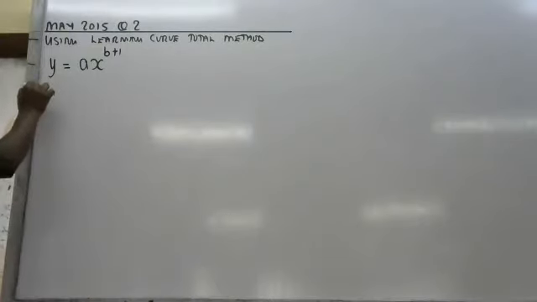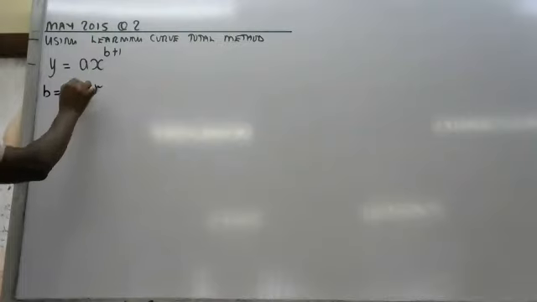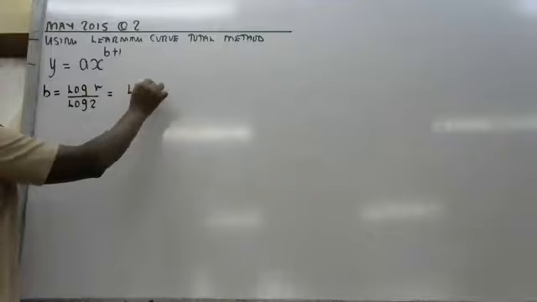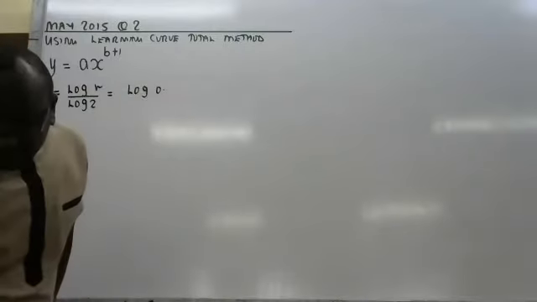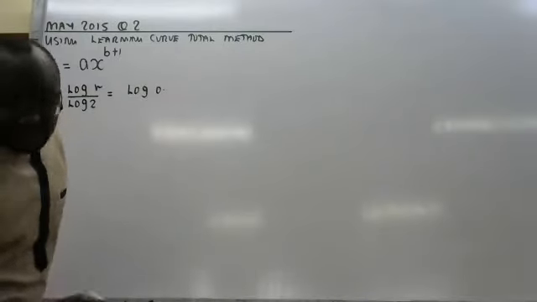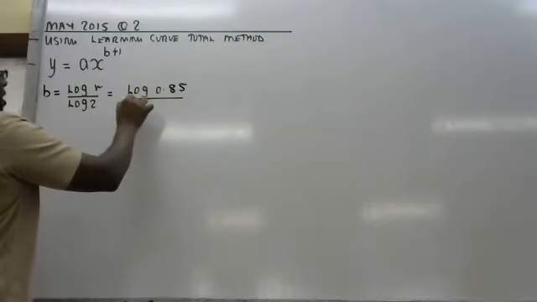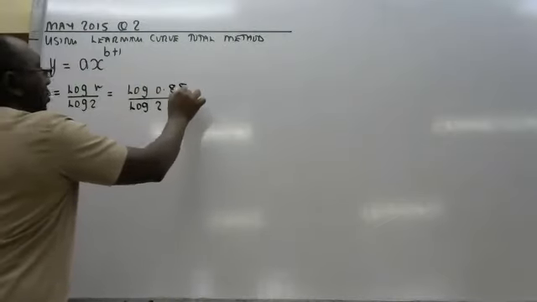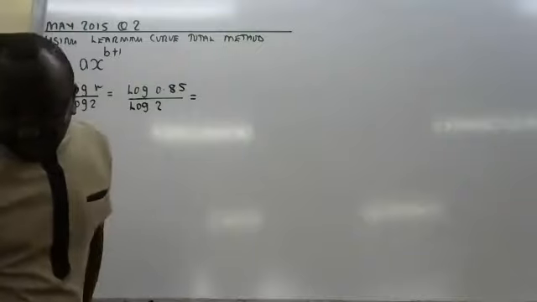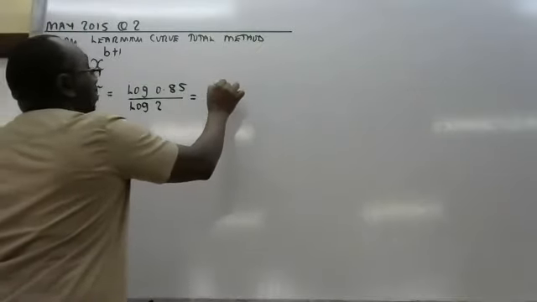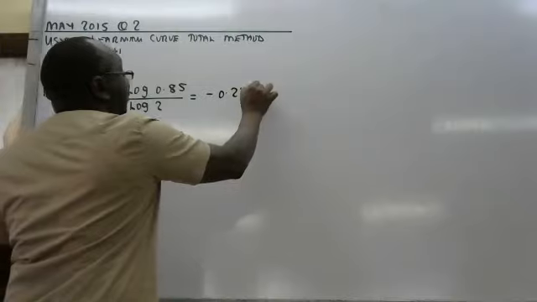B is given as the log of R divided by the log of 2, that is the log of 0.85 divided by the log of 2, and the answer we are given is minus 0.2345. You can confirm.